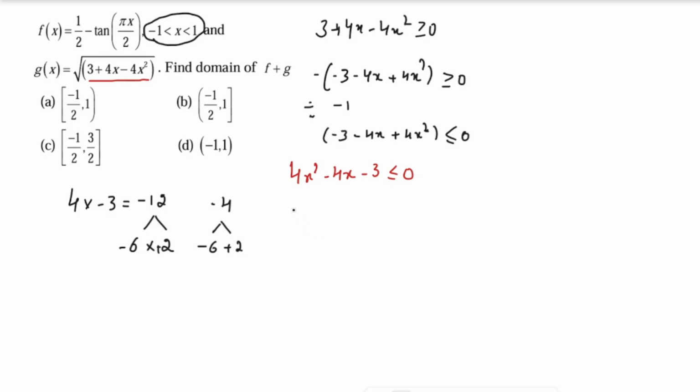So the equation becomes 4x square minus 6x plus 2x minus 3 less than or equal to 0.